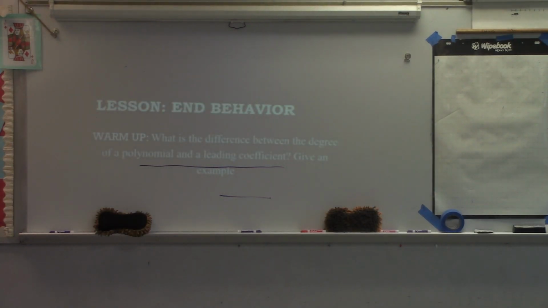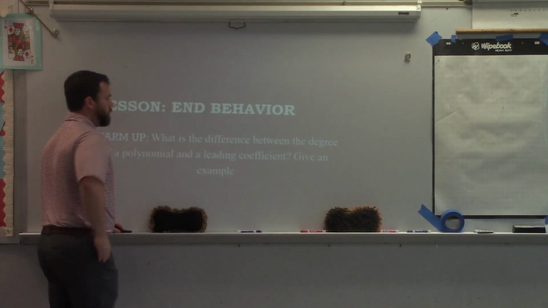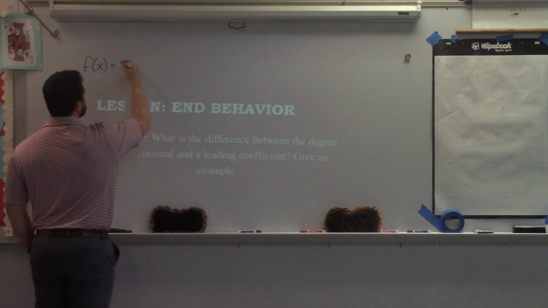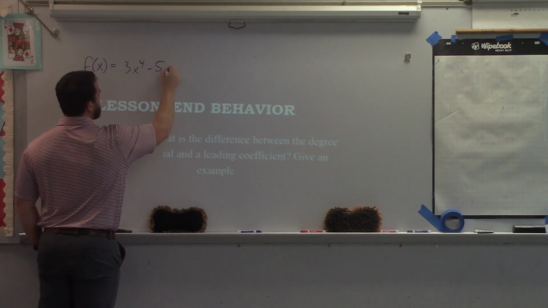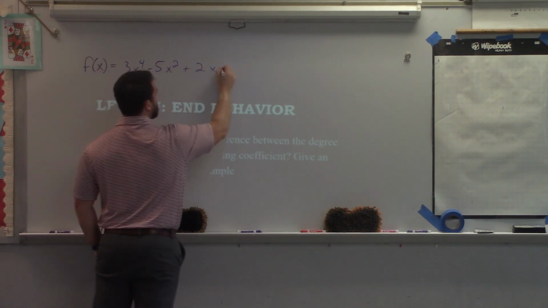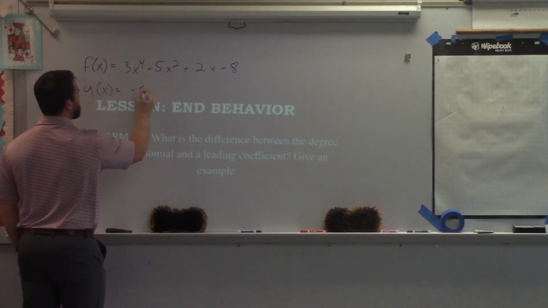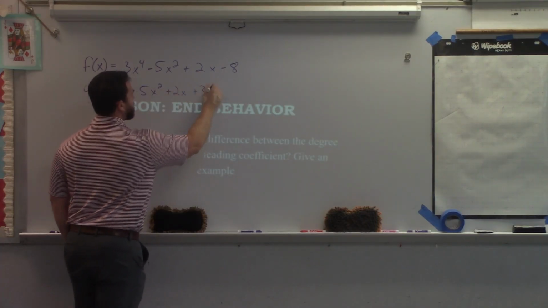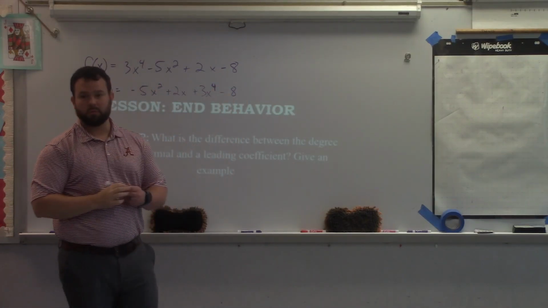So on the 5b where it says average rate of change, you can take that piece off. Alright, so what I want you to do is look at this equation. And I want you to look at this equation. And I want you to talk about it with a couple of people around you.